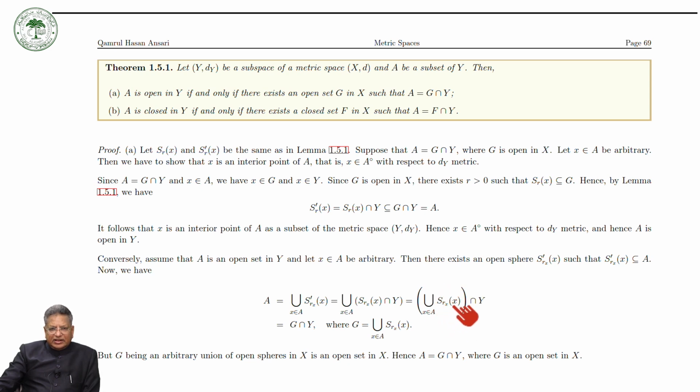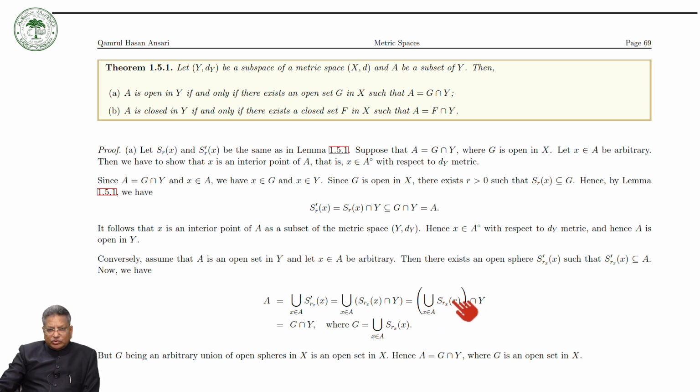But this S_r(x) is an open set in X, and we have proved that an arbitrary union of open sets is open, and therefore this collection is an open set.